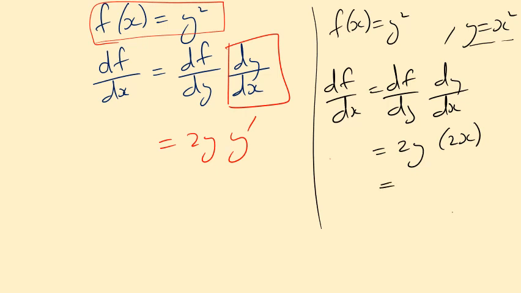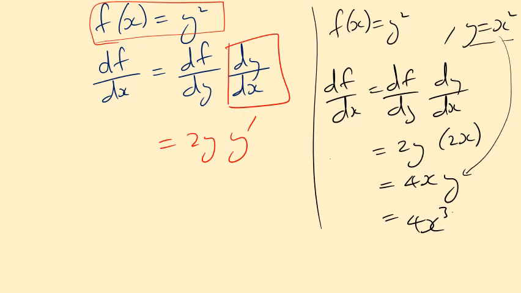So that becomes 2 times 2, that becomes 4xy, like that. But y is x squared, so if it's y squared, we substitute y there, that becomes 4x cubed, like this. Okay, so we know that.